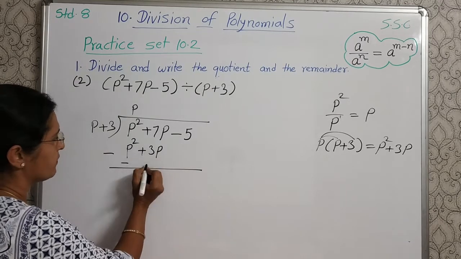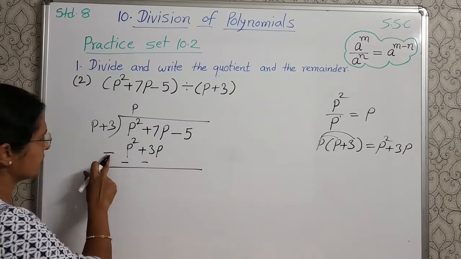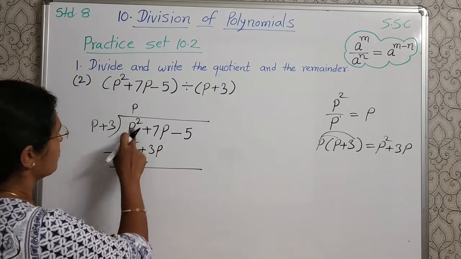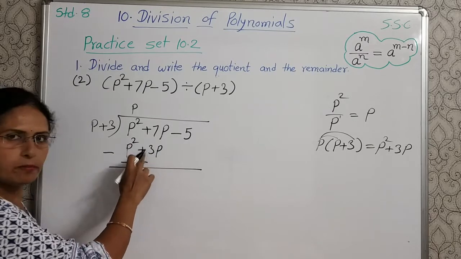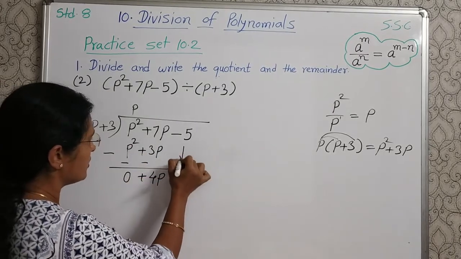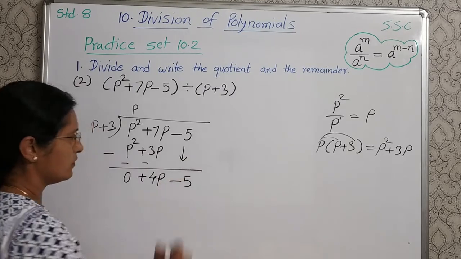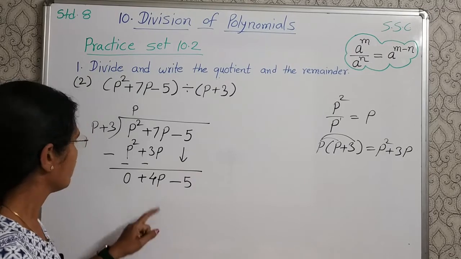This plus 3p will become minus 3p. This is the subtraction sign, remember. Now p square minus p square is 0. Plus 7p minus 3p is plus 4p, and this minus 5 we will take down as it is. Now this is the remainder.